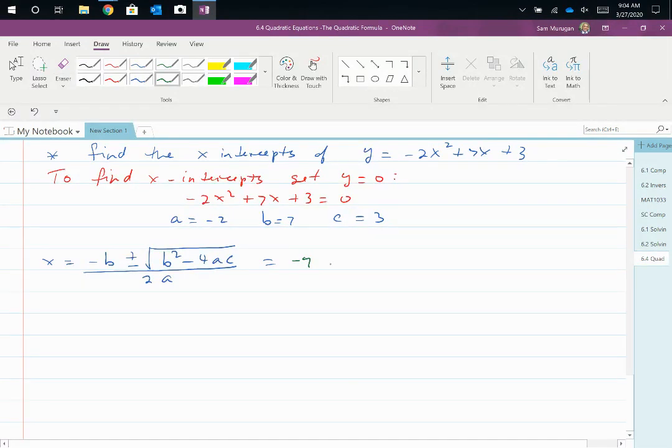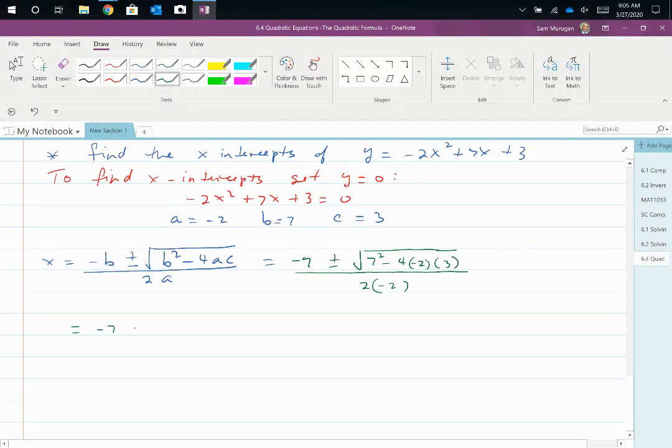Negative 7 plus or minus the square root of 7 squared minus 4 times negative 2 times c, which is 3, over 2 times negative 2.